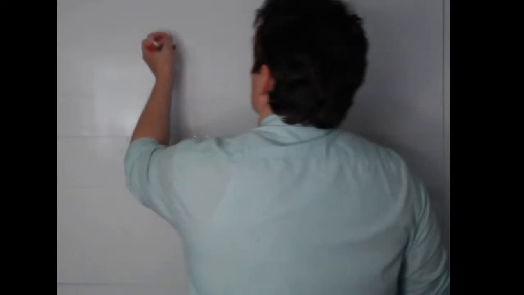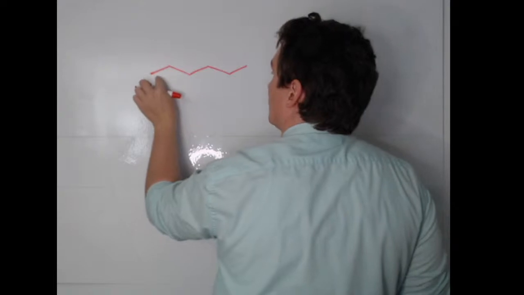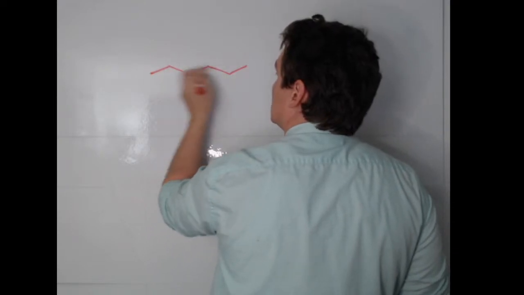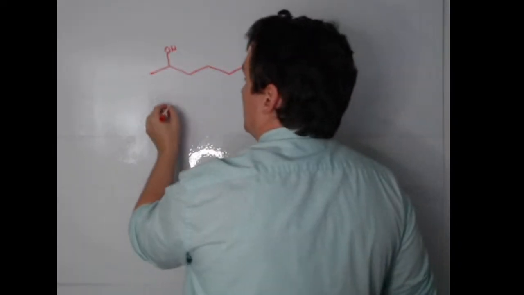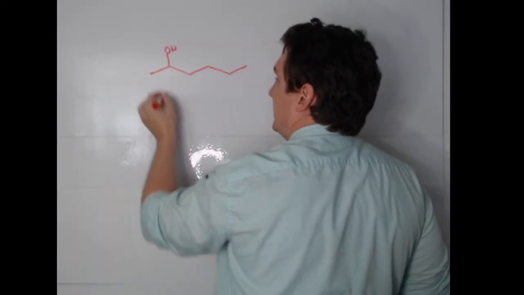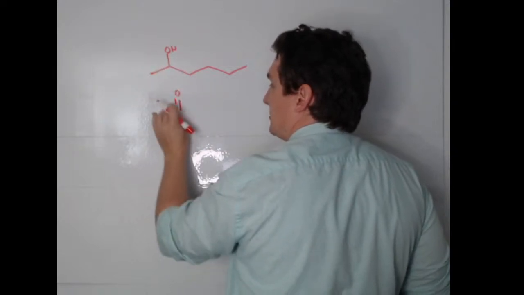Select two green agents that can be used to prepare 2-hexanol. So that's our 2-hexanol. Basically this alcohol would have started as some type of carbonyl group.